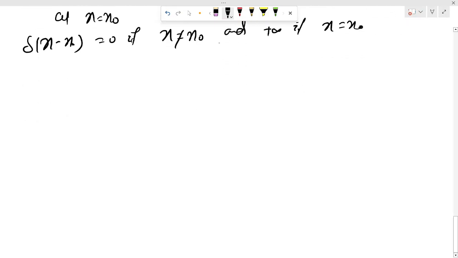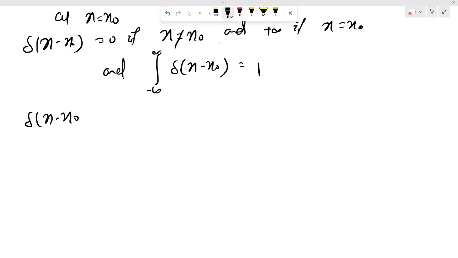The same thing I have discussed above. So the integral from minus infinity to infinity of delta x minus x naught dx has the value 1. You can define delta x minus x naught as a generalization of the Kronecker delta function.